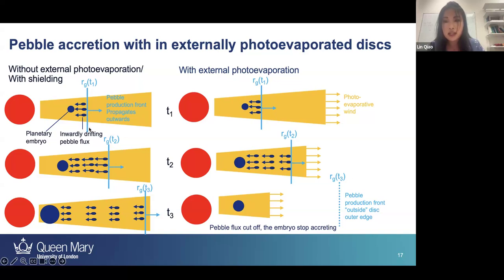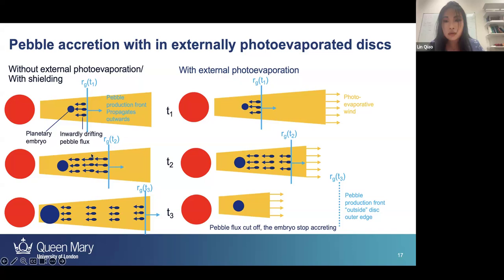Pebbles are produced at the pebble production front and drift inwards. Because the dust growth timescale is shorter for dust at smaller radii, the dust in the inner disk grows to pebble size first, so the pebble production front moves from inside out.